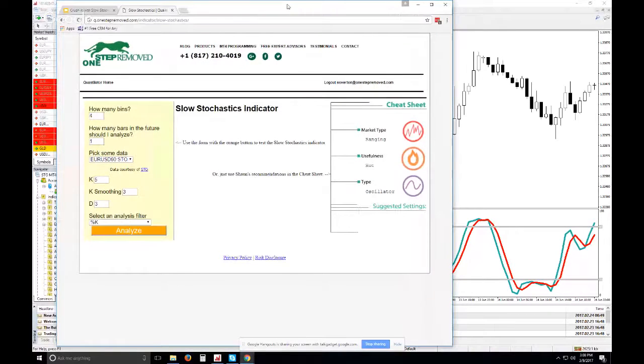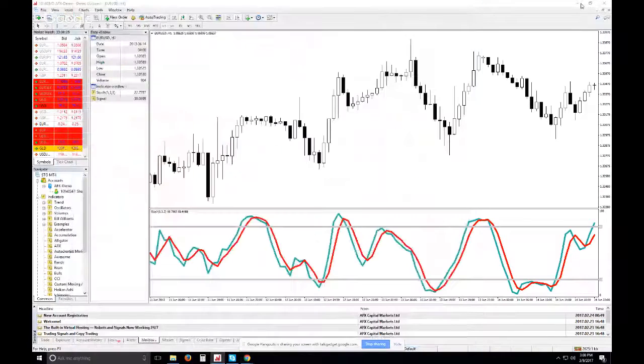Okay, so here on the screen, we have the Quantilator loaded.